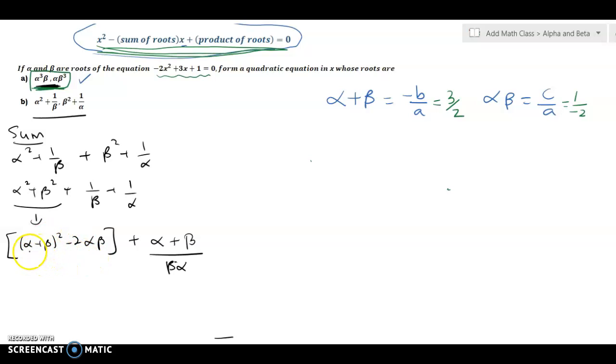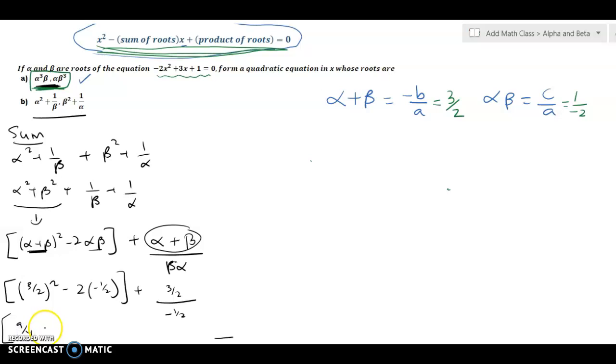Now I could substitute my alpha plus beta for 3 on 2 here, and alpha beta for minus a half. Substitute, now I'll get 3 on 2 squared minus 2 by minus a half plus 3 on 2 all over minus a half. So simplifying here now, get 9 on 4 plus 1 plus 3 on 2 divided by minus a half would be multiplied by minus 2 over 1.